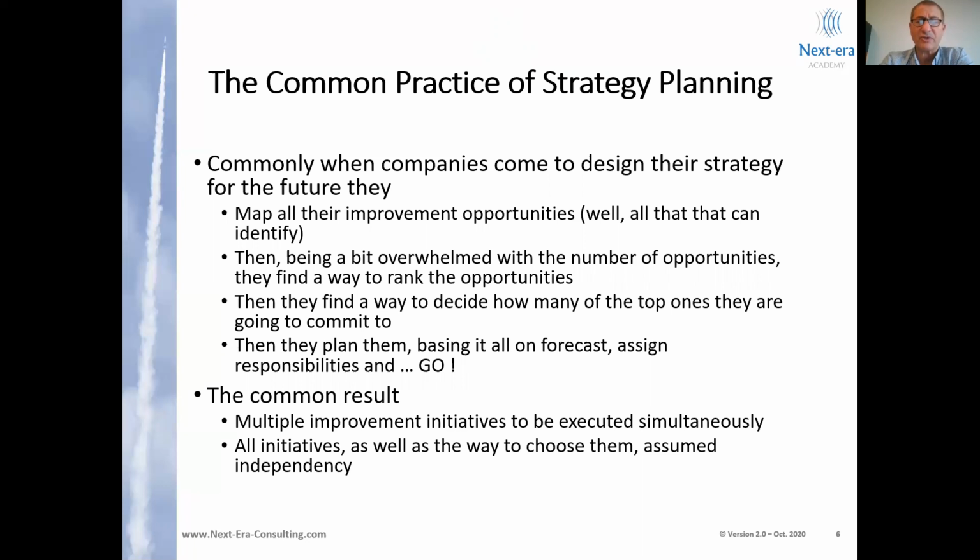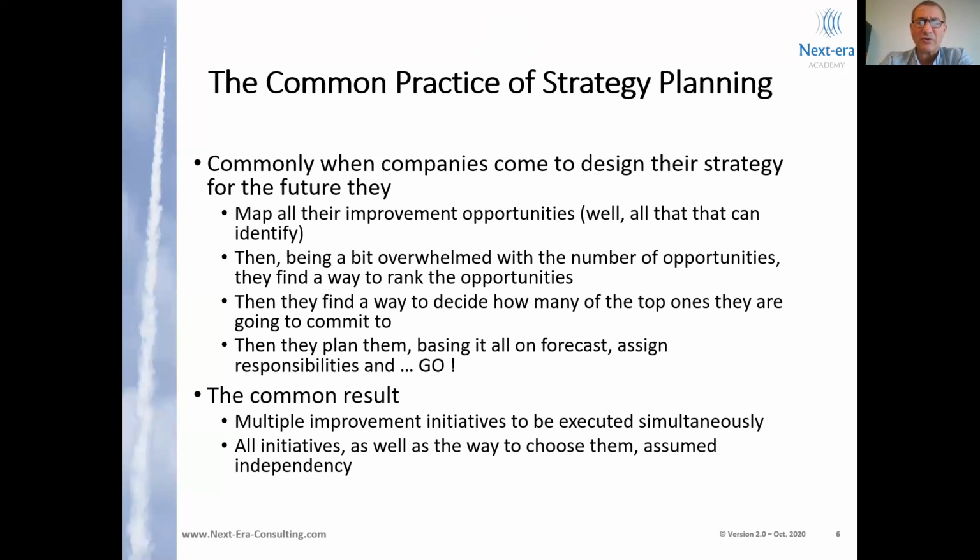There are two specific groups of improvement opportunities: things the company can improve on, and the opportunities outside the company that will enable profitable growth. When this list is ready, oftentimes the company looks at it and thinks, wow, it's a long list. We can't do all of those. So we need to find a way to rank these opportunities.